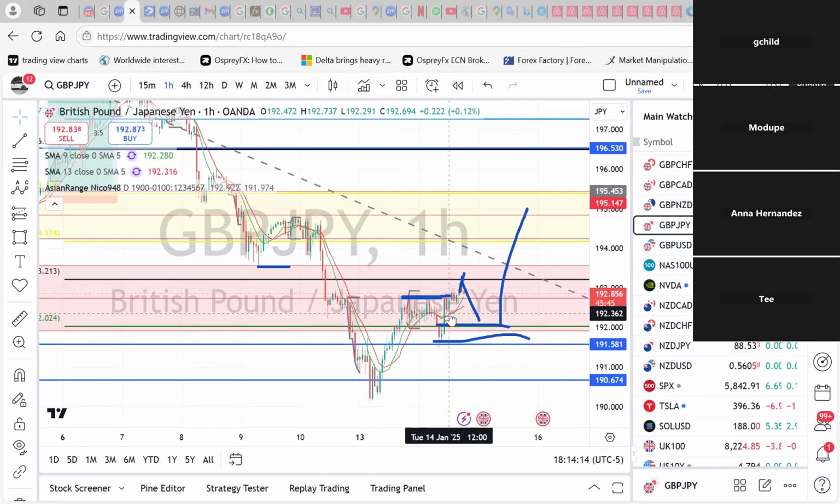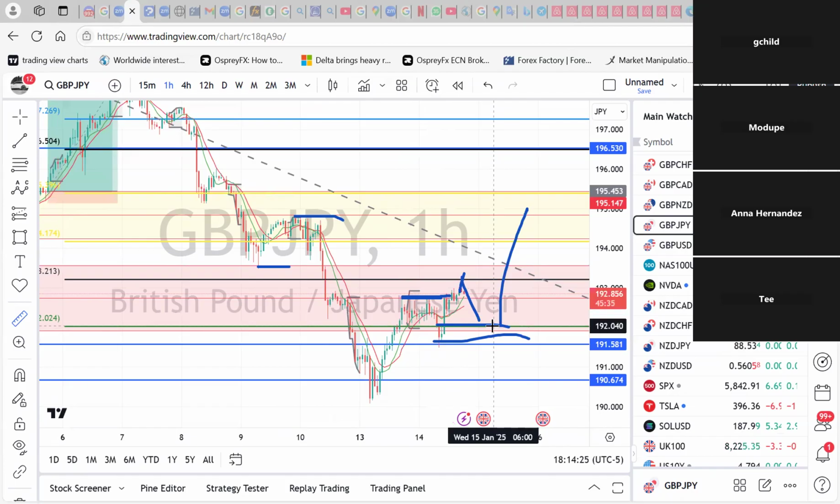Which the buy-up will probably, this is just me guessing, guys, at least go up to this high. Take y'all money. The buy will probably happen on London session, like 1 a.m., 2 a.m. New York time. Yeah, that's what I'm expecting.